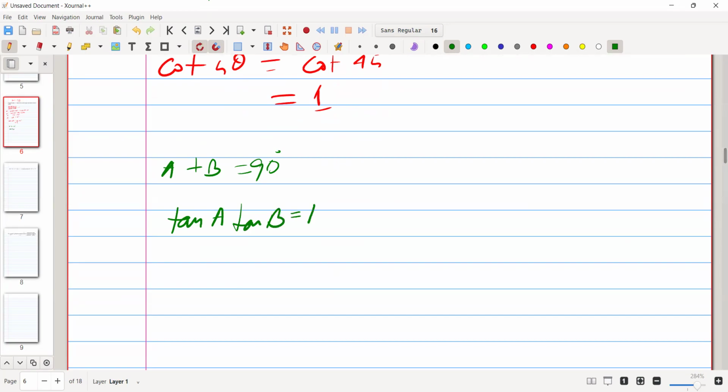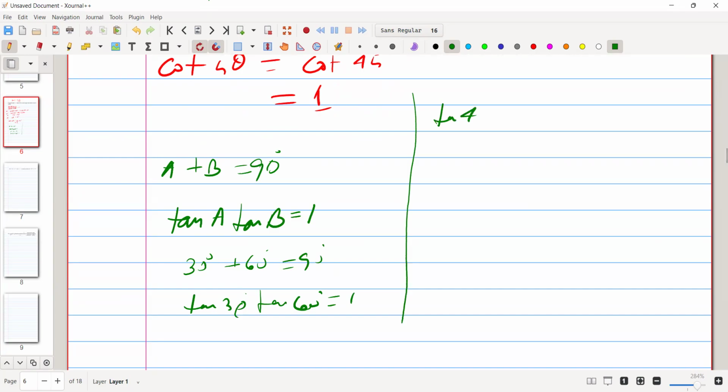For example, suppose 30 degree and 60 degree are complementary to each other. So the product of tan 30 degree and tan 60 degree is equal to 1. So here it is given that tan 4 theta times tan 6 theta is equal to 1.